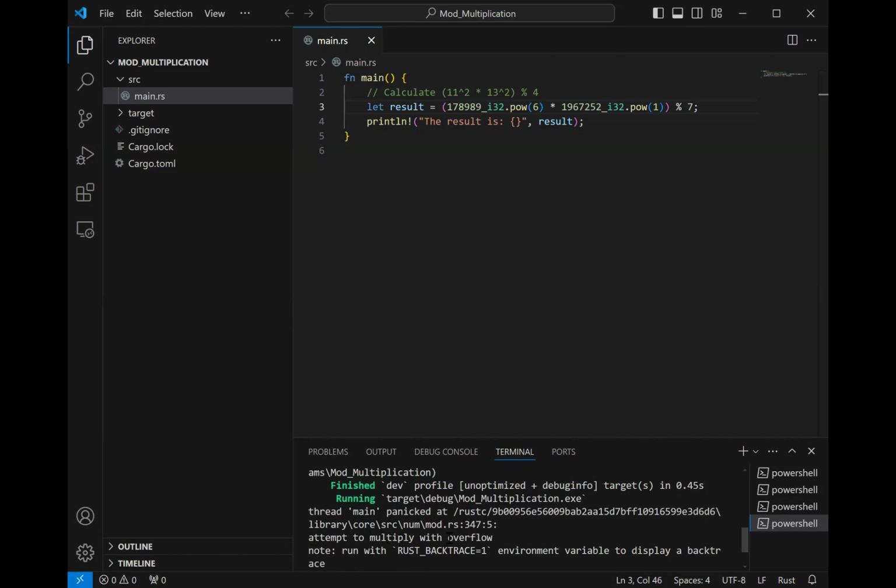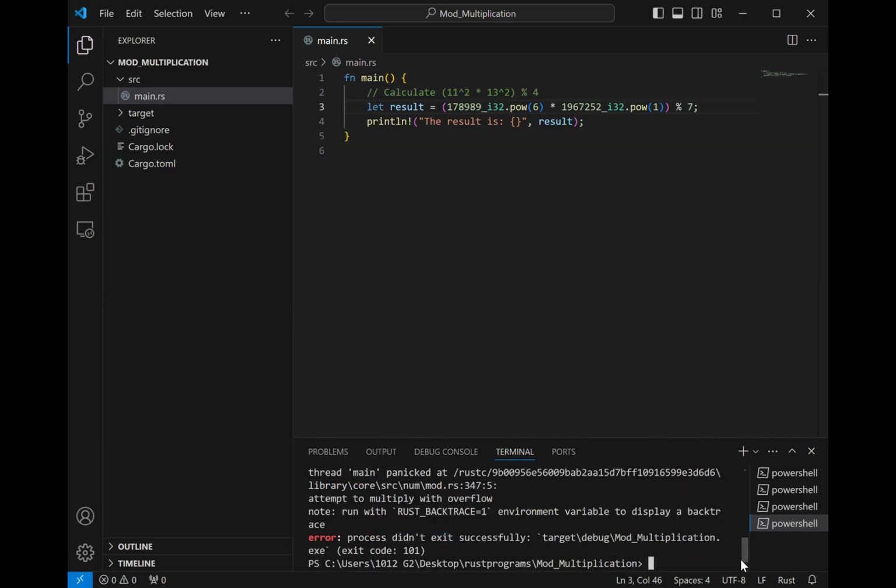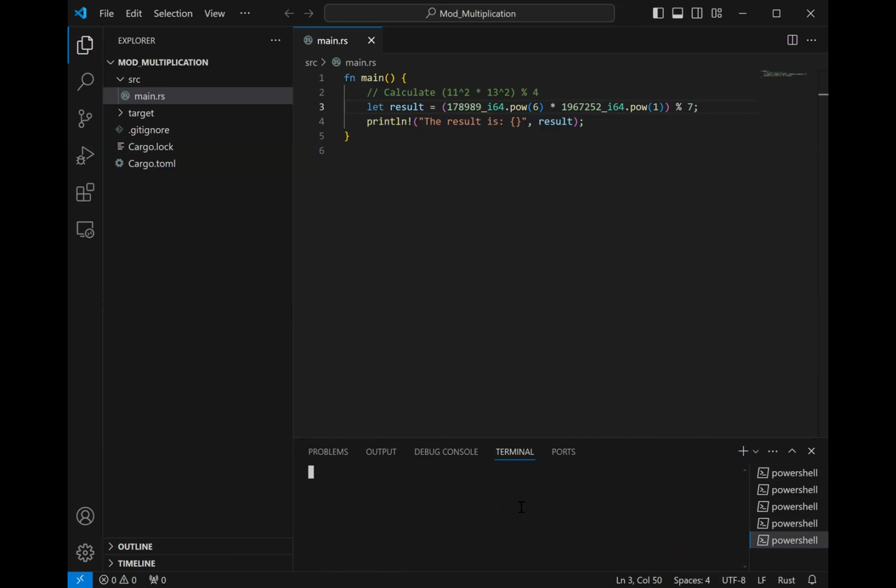There was an overflow. That means it went beyond I32. Let's see whether changing to 64 would give us a result. Sometimes it will not. And if it does not, then we modify our code so that we can have it run.